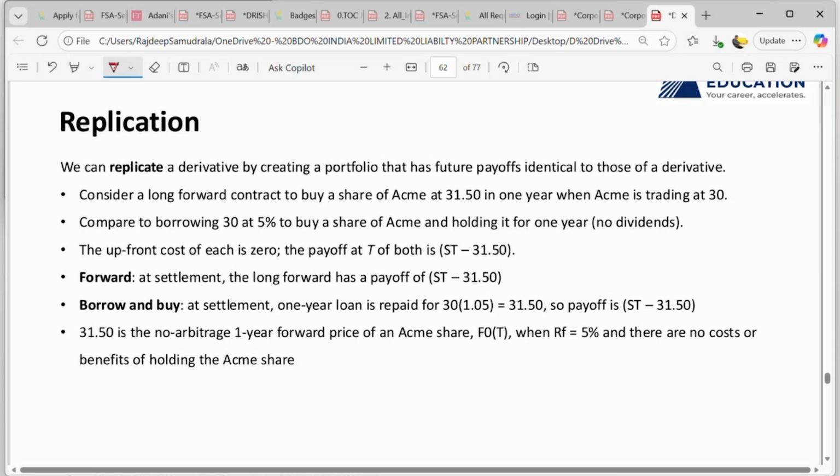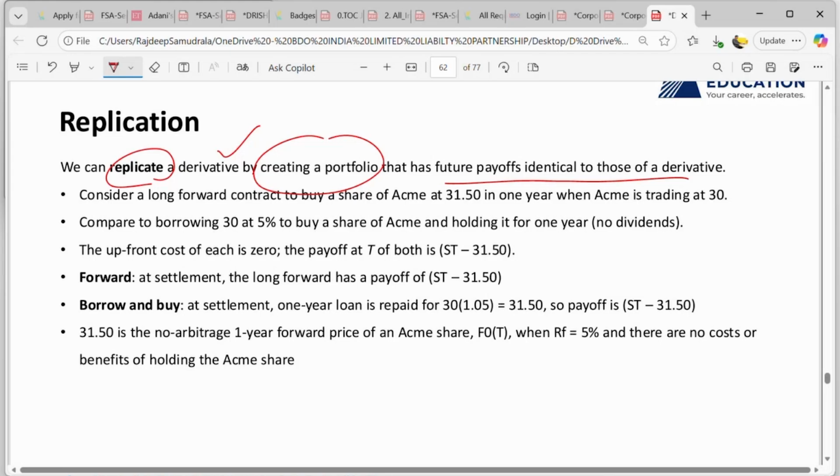I can use a derivative to mimic a portfolio. I can also use a portfolio to mimic what a derivative would have done, because a derivative would have prevented me from incurring a loss if price goes up or vice versa. I could do that with a portfolio of shares also, right?